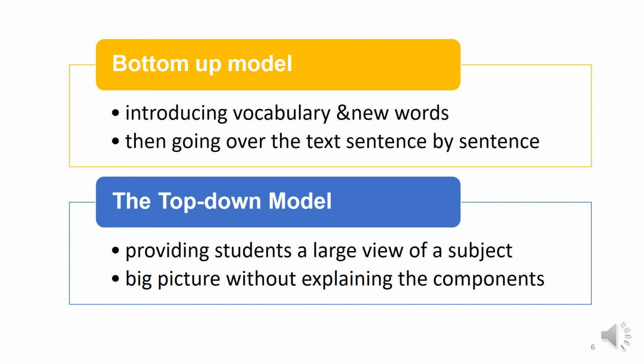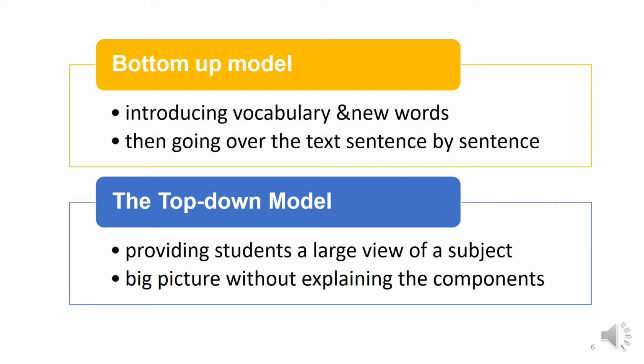For example, the teacher teaches reading by introducing vocabulary and new words first and then going over the text sentence by sentence. This is followed by some questions and answers and reading aloud practice.